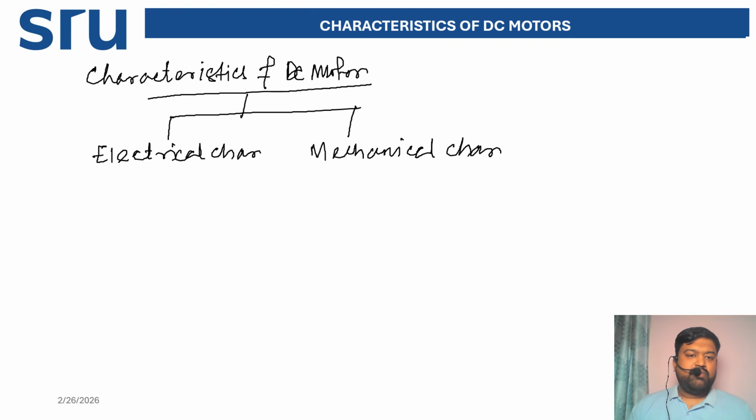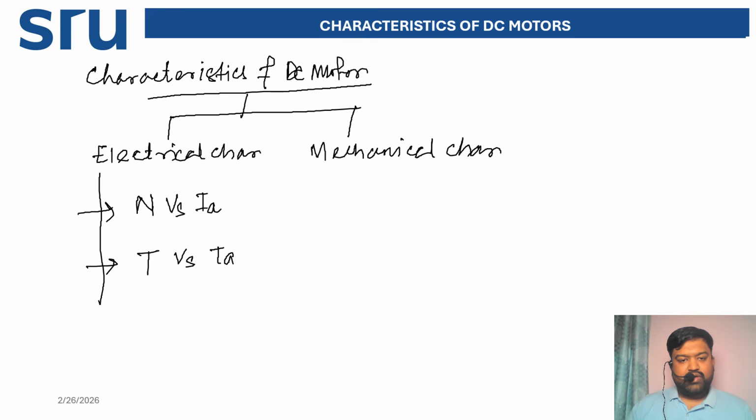When we are talking about the electrical characteristics, there are also two types. One is speed versus current, another one is torque versus current. There are two components, speed and torque, and these two components are compared with the armature current.